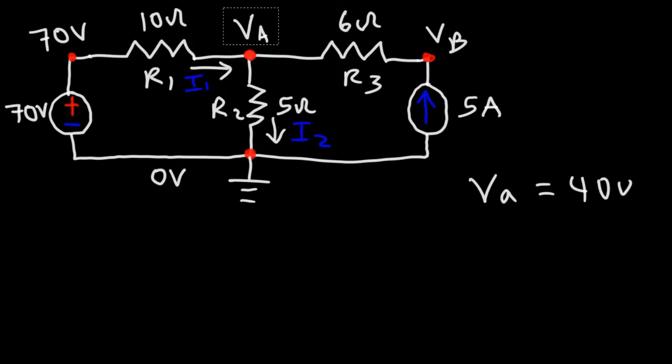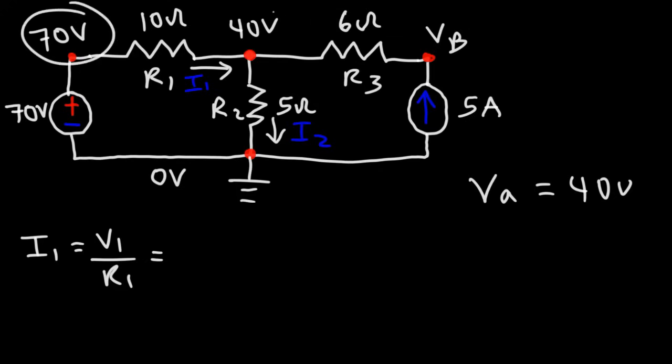So first, let's replace VA with 40 volts. Now let's calculate I1. What is the voltage across I1? We know I1 is going to be V1 over R1. The voltage across R1 is the difference in the electric potential.